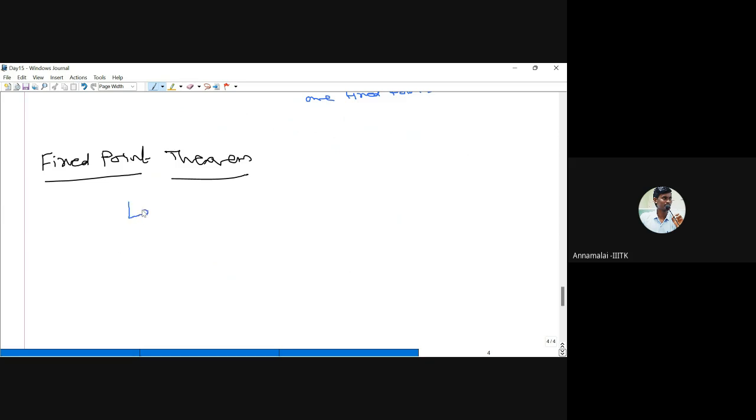So, if you take any continuous function f from the closed interval a comma b to the same set, the closed interval a comma b, then f has a fixed point.